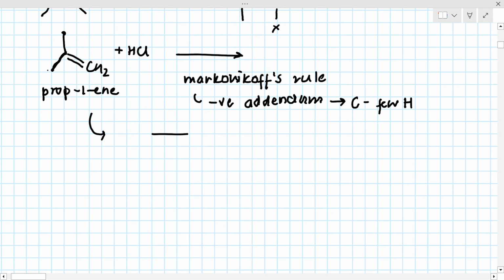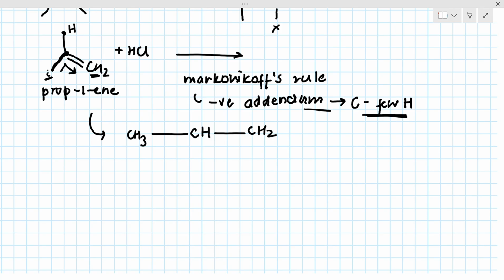So the structure is CH3, CH, and CH2 with a double bond. Now the negative addendum goes to the carbon with fewer H.